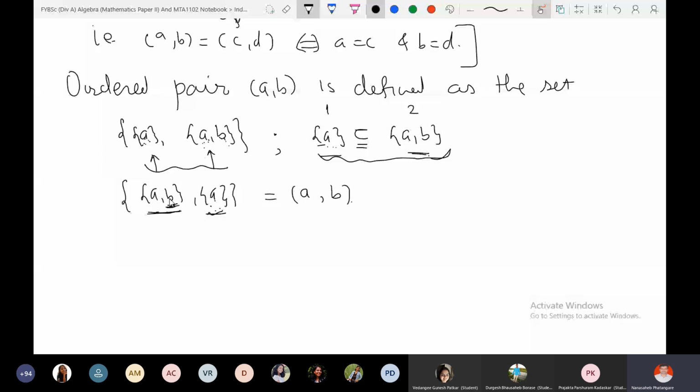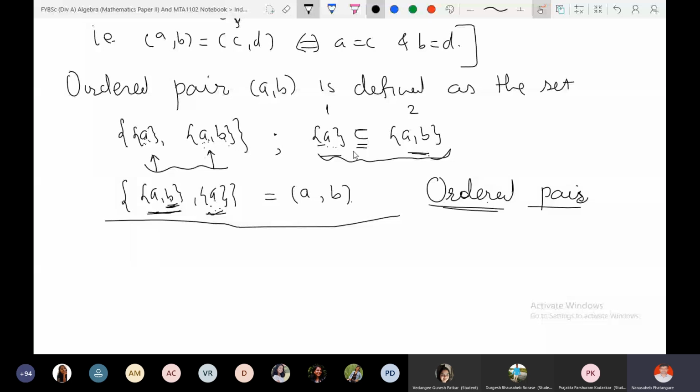Then why is there the word order in ordered pair? You might have heard this word before. Why order? Because there is a kind of smallerness and biggerness. That's why it is called an ordered pair.